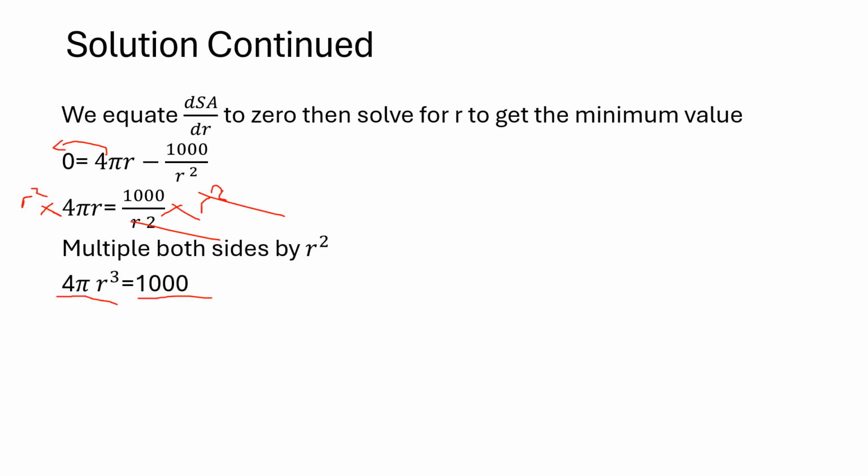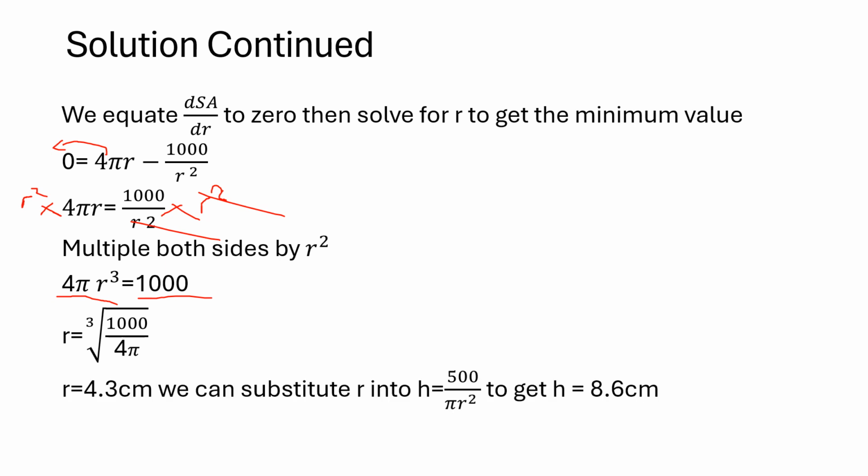Then we simply divide both sides by 4 pi, and we cube because we're left with r cubed. And then what do we get for r? We get 4.3.